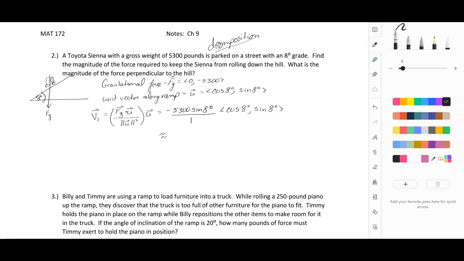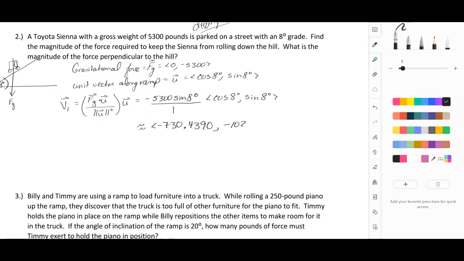So negative 5,300 sine of 8 cosine of 8 is about negative 730.4390. I'm going to use 4 decimal places to ensure some accuracy here. So there's my vector representation. So the force needed to hold it in place.